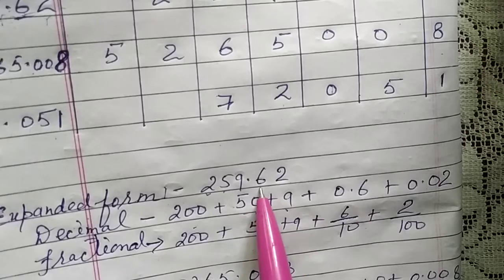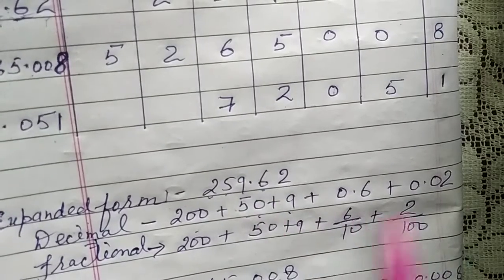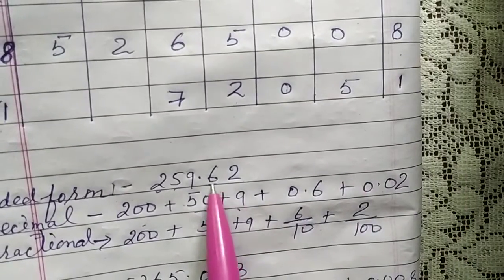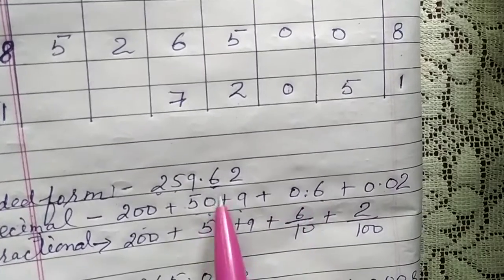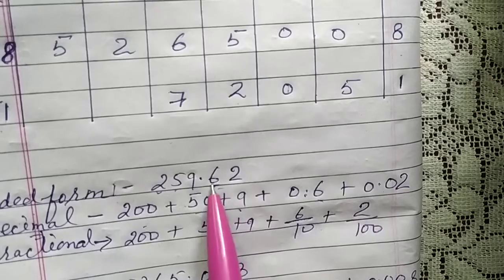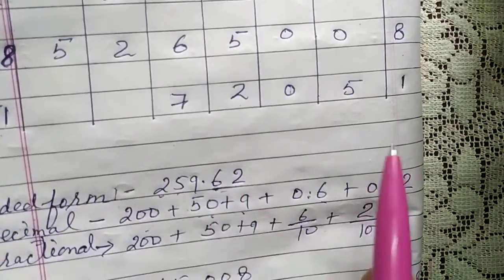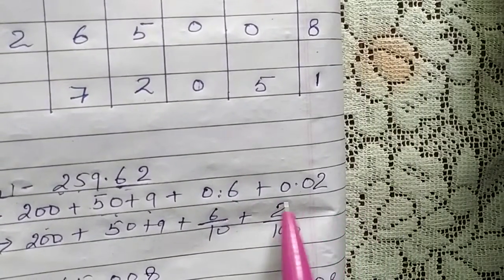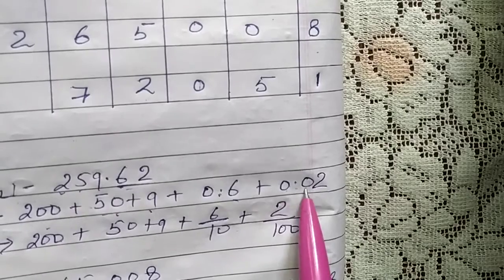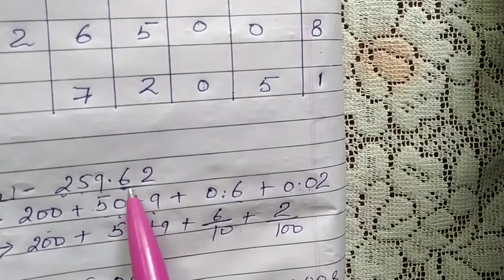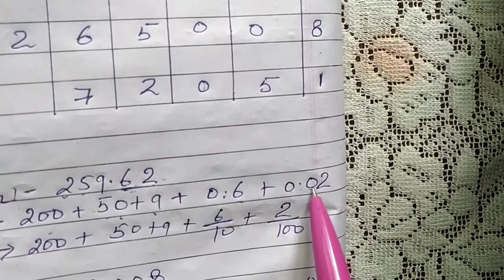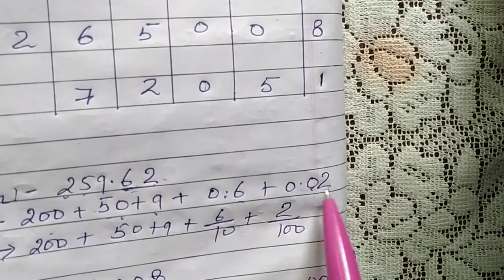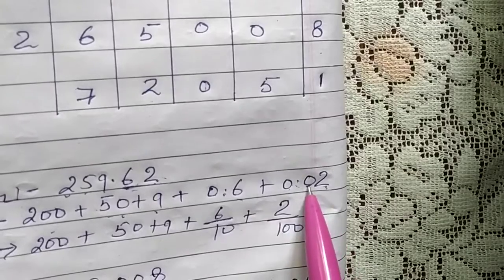This 6 is tenths, so after the decimal one digit is there, that is 6. And after the decimal, how many digits are there? 2 digits. So the decimal expansion will be 0.02. This 2 is at the hundredths place, so the 2 will be at the second place after the decimal.